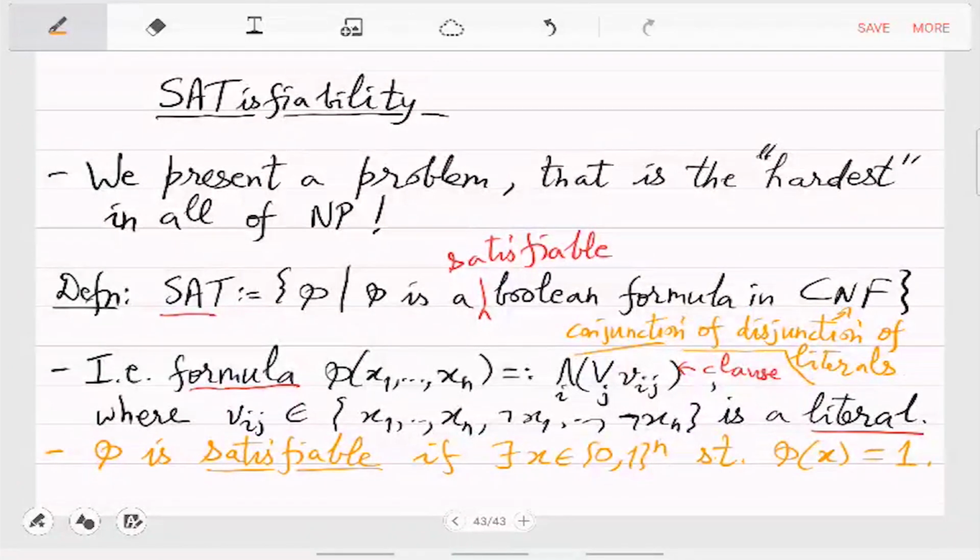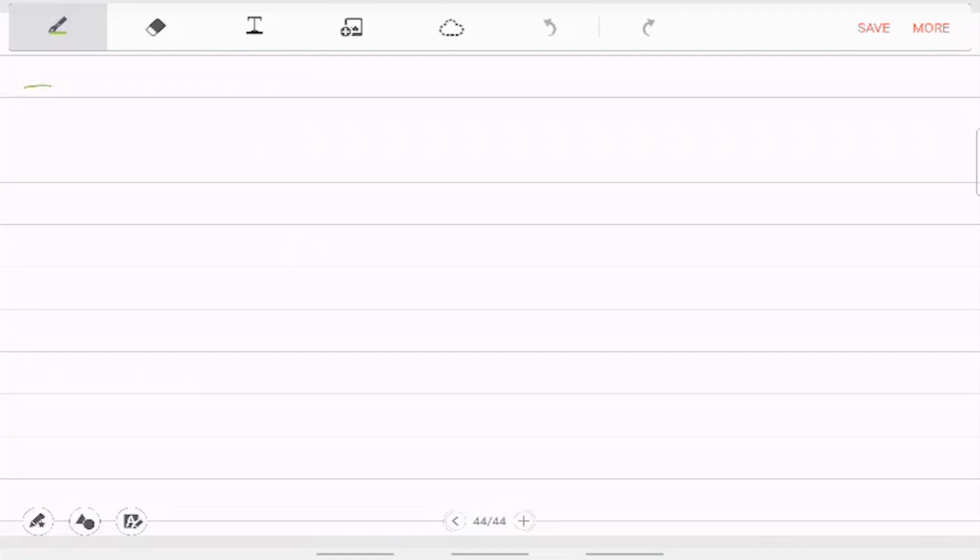Okay, so satisfiable just means that the formula becomes 1, or becomes true. If this happens, then we say that phi is satisfiable, otherwise it is unsatisfiable, or you can also say that phi is false. Okay, it is just a contradiction.